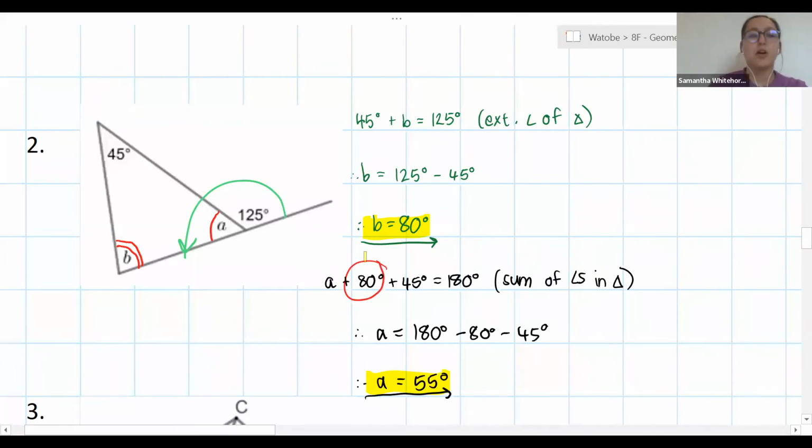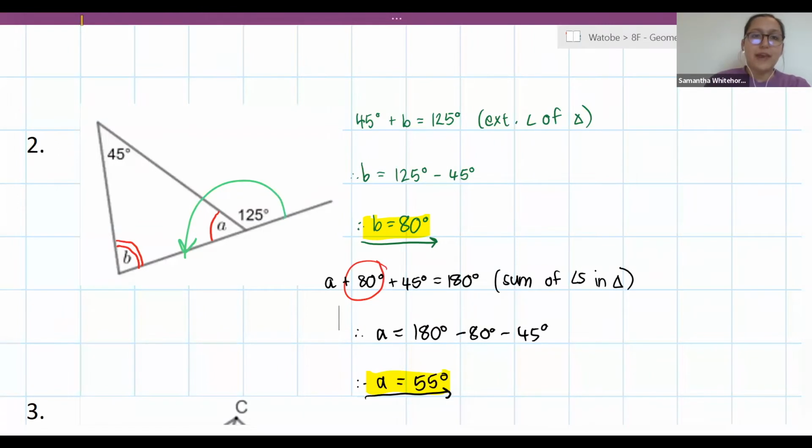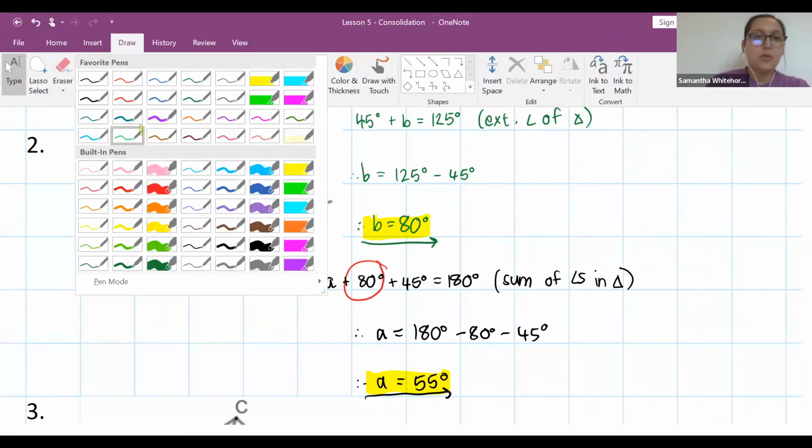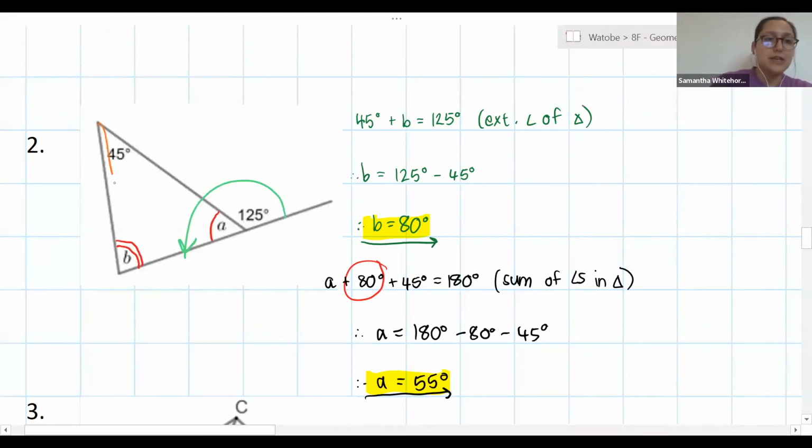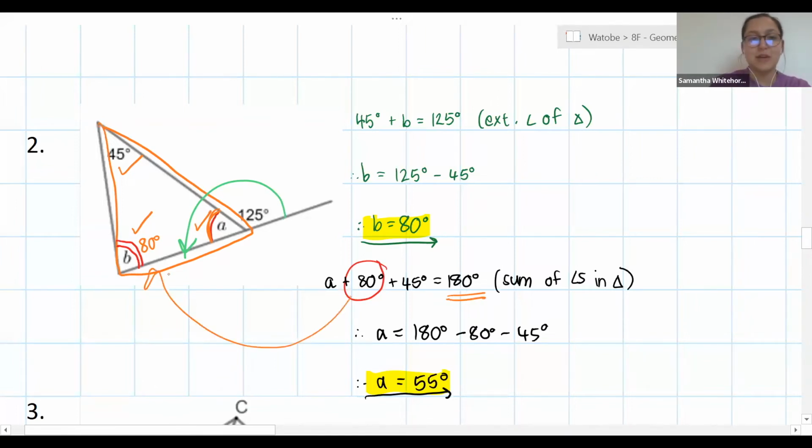Yes, ma'am. Okay, cool. So for that specific reason, what we were doing is we were working inside the triangle. And because we'd already worked out that B was 80, we know that if we add 80 plus 45 plus whatever A is, I need to get 180 degrees. So that 80 is coming from working out angle B. So once I had that answer, I could use it to go and work out angle A.